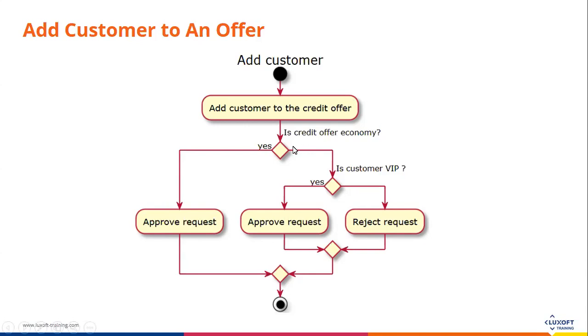Is the credit offer economy? Yes. Then you approve the request. Otherwise, if the credit offer is not economy, you have to check if the customer is VIP, and it is only the VIP customer that can apply for such a request. Otherwise, the request is rejected. So we have two types of credit offers, economy and business, and two types of customers, usual ones and VIP ones.